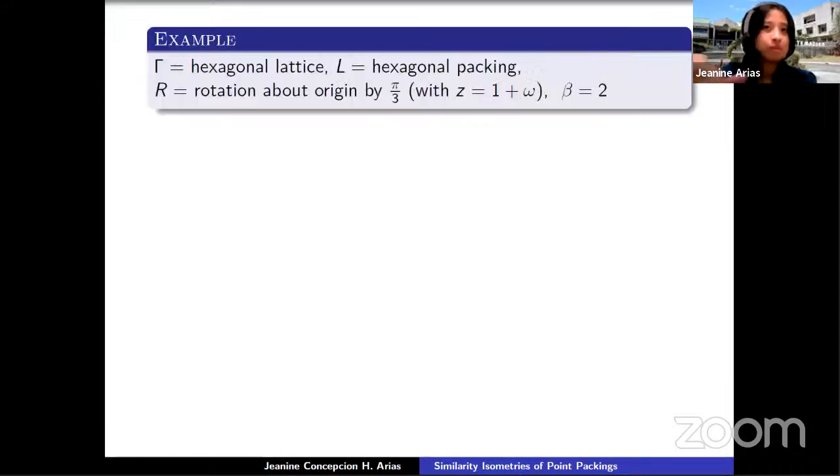So as an example, let us consider the 60-degree rotation about the origin, which corresponds to multiplication by the complex number (1 plus omega) over the modulus, where omega is, again, the complex number e to the 2 pi i over 3. Let's also consider the scaling factor 2.